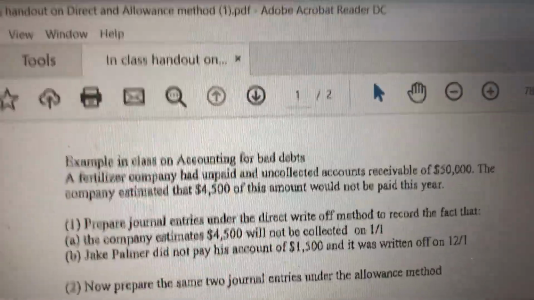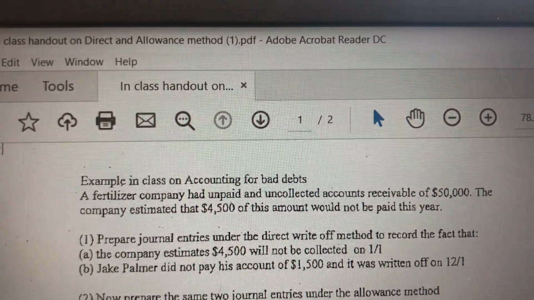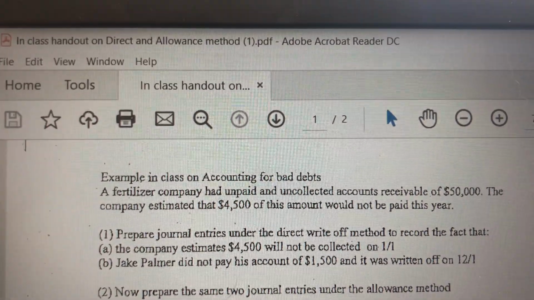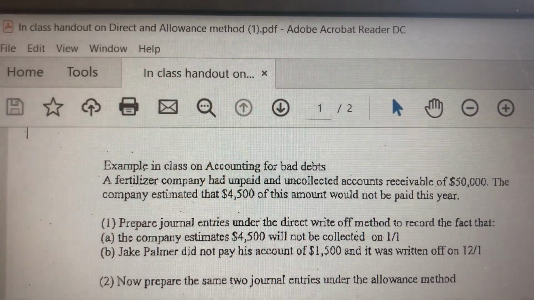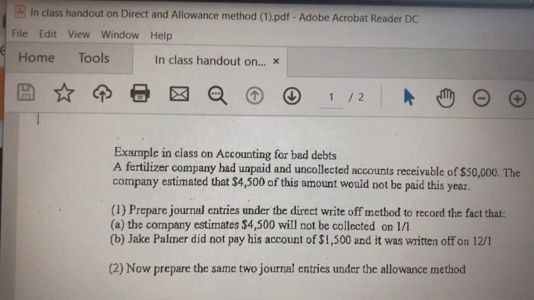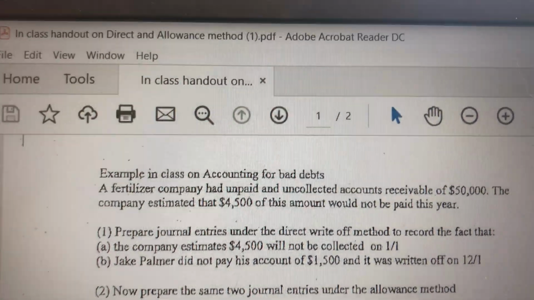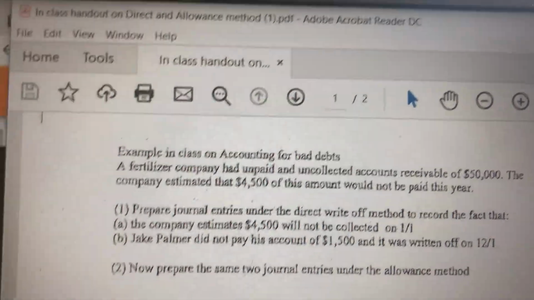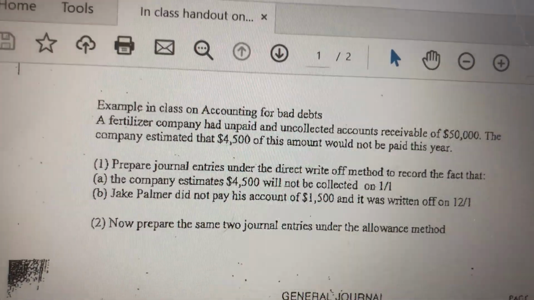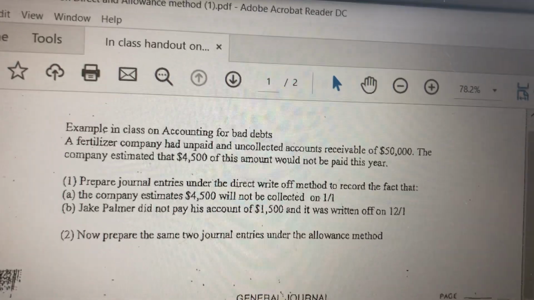So let's look again at our numbers. Their accounts receivable, $50,000, okay, hadn't been paid yet. Of that $50,000, they estimate $4,500 will not be paid, and Jake Palmer specifically did not pay his $1,500. So we want to print this out, and we want to do the journal entry for both of them.